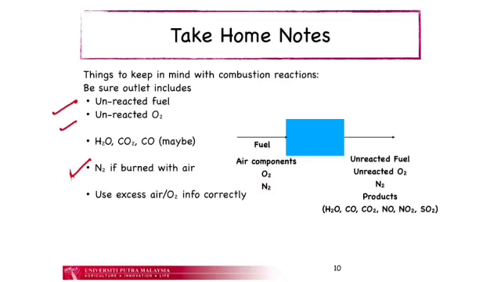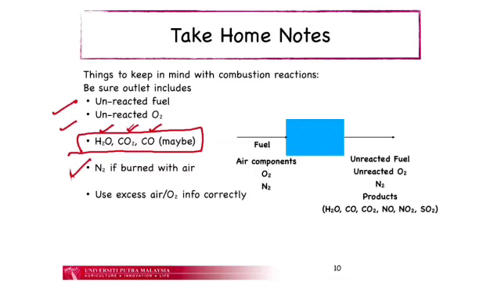Okay, in your product stream, you will also have the products that are produced, either a partial, a complete, or both. You will have H2O produced, CO2, and also CO. And if there is information on excess air and oxygen, please use it carefully, okay, in how you are accounting for them.